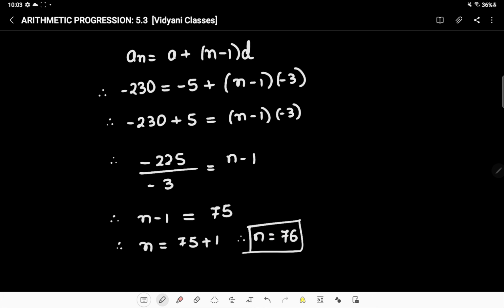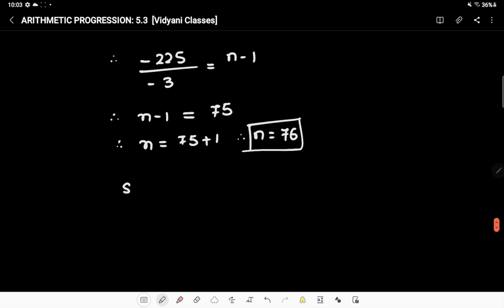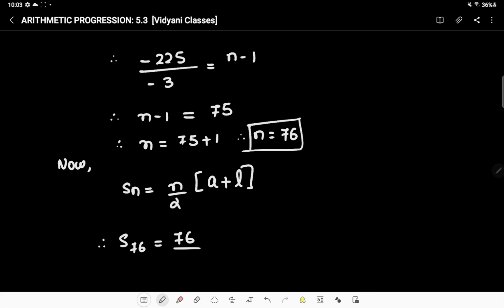Clear? Now we can use that method wherein Sn equals n by 2 into a plus l. Therefore S76 is going to be 76 by 2. What is the value of a?